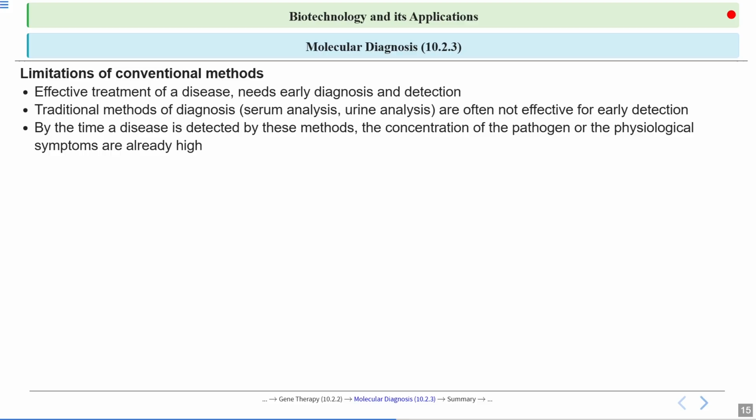So, by the time a disease is detected by these methods, the concentration of the pathogen or the physiological symptoms are already high. As I stated, by the time we got to know that this person is suffering from this disease, the concentration of that pathogen was so high and the symptoms so severe that it became very difficult to treat.